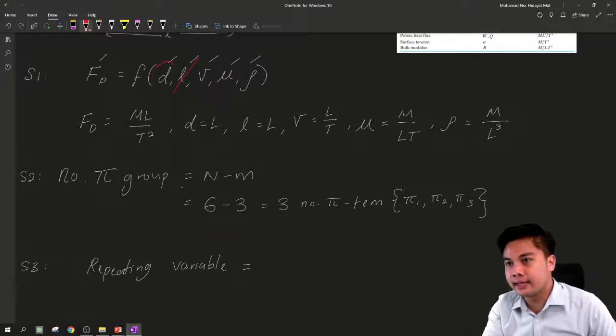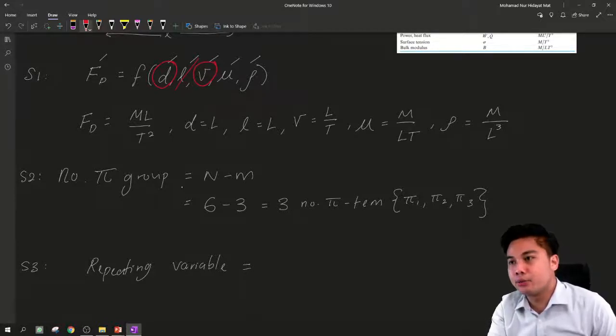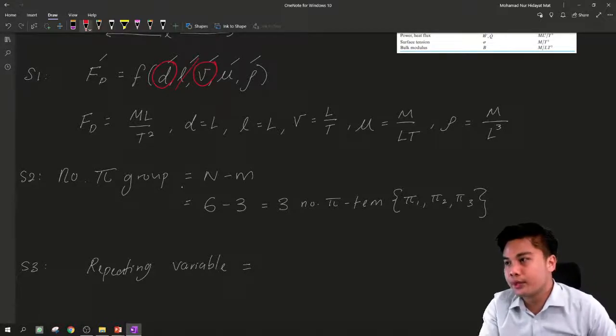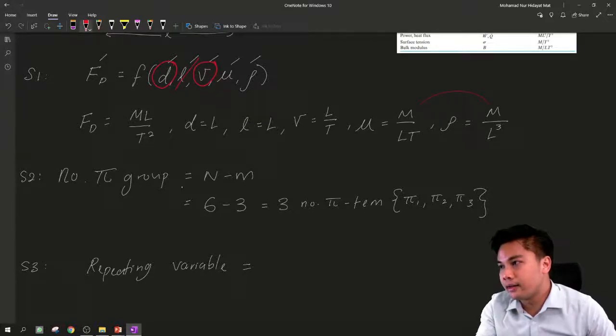First, we take the diameter. Second, we take the velocity. And here we look at mu. Mu is M over LT, so M over L. And here we have M over L as well, in rho, so these are very related.